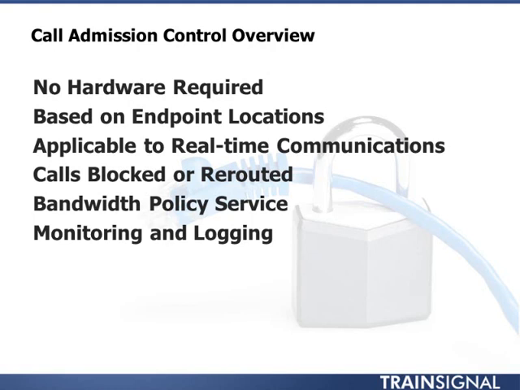The bandwidth policy service check failures log file captures information when bandwidth requests are being denied, whereas the LYNC utilization log file captures a snapshot of your network topology and your WAN link bandwidth utilization at a point in time. So as you deploy call admission control, you're probably going to spend a little bit of time monitoring these log files to make sure that things are working the way that they're supposed to and that your bandwidth policies are fine-tuned.